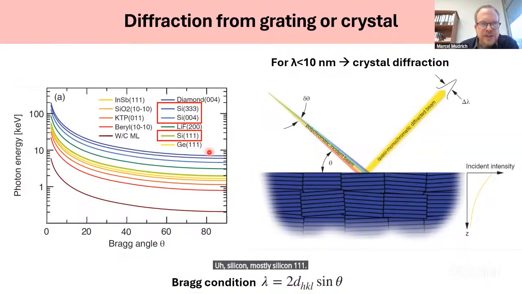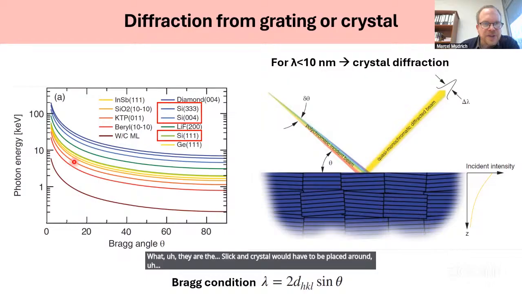Yeah, so that needs to be placed at Bragg angles, let's say for 10 keV, typically for silicon 111, first order diffraction, the silicon crystal would have to be placed around 12 degrees or so.